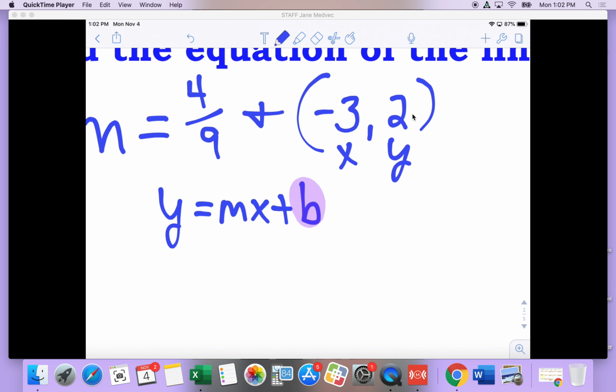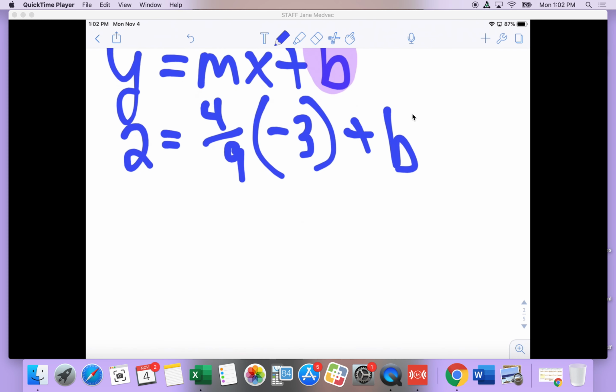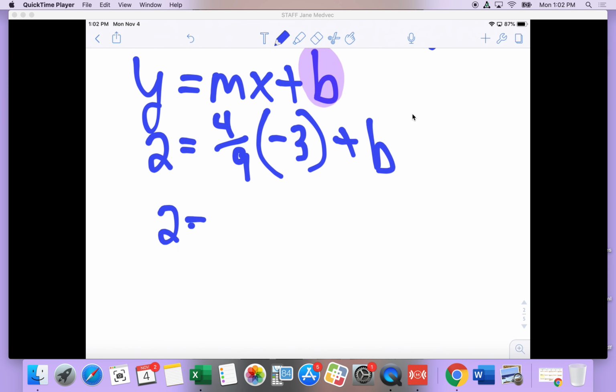So my y is 2. Slope is 4/9. X is -3. Notice I put it in parentheses. Plus, what's my b? B. That's what I'm trying to find. Remember it now from last year? Yeah. We did a lot of it. So 2 equals, what's 4/9 times -3?